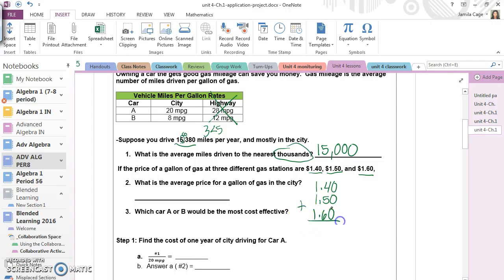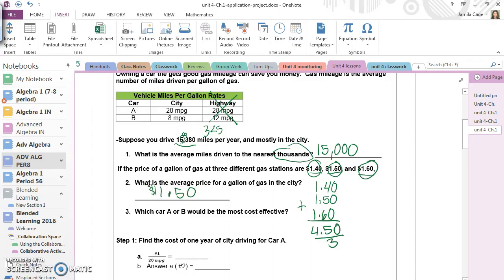You will add those values together. You will get $4.50. We then take that value and divide it by how many we have. 1, 2, 3 different gas prices. When we divide by 3, we end up with the average gas price being $1.50.